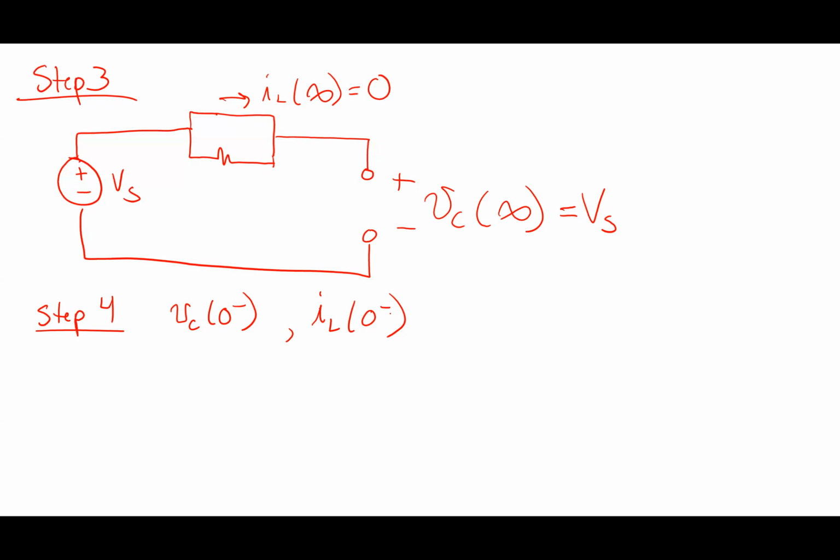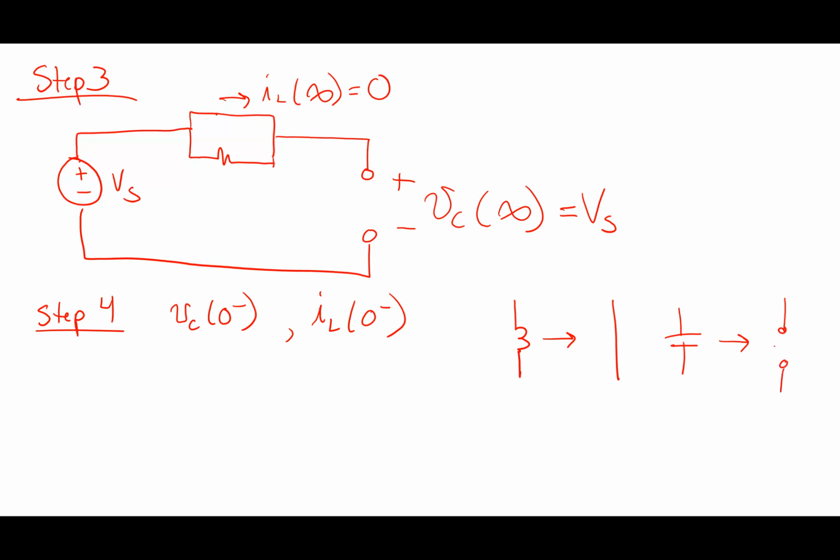So how do I do that? When I say 0 minus, what do I mean? It's right before the switch moves, which means I was in a steady state. If I was in a steady state, what's true about L and what's true about C? In steady state, L is always a short and the capacitor is an open.